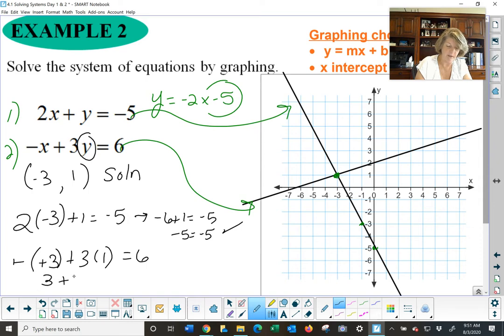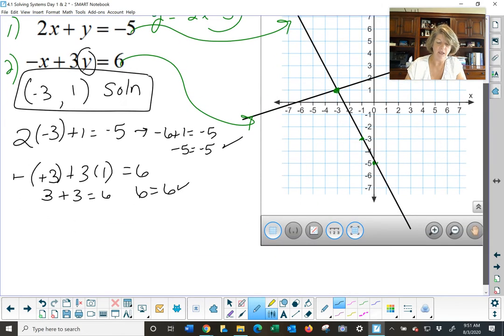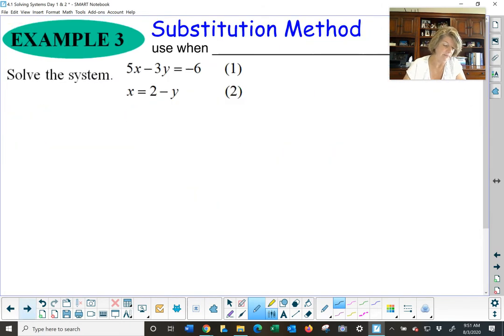So it's going to say 3 plus 3 equals 6. Oh, indeed. 6 is indeed equal to 6. That solution, (-3, 1), fits both equations. We proved it algebraically as well. You just have to be really careful when you graph these that you're graphing accurately. And that's why I always do a substitution into the actual equations to make sure it works.